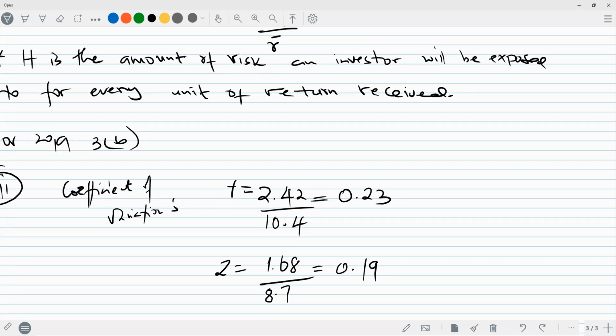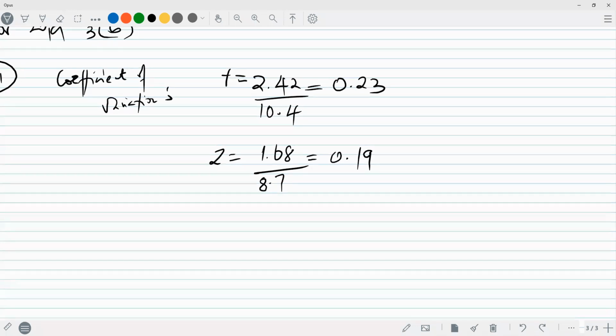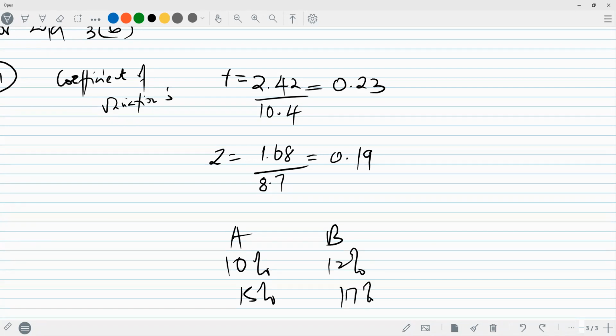On the first example that you asked about, you had figures of 10, 12, 15 and 17.